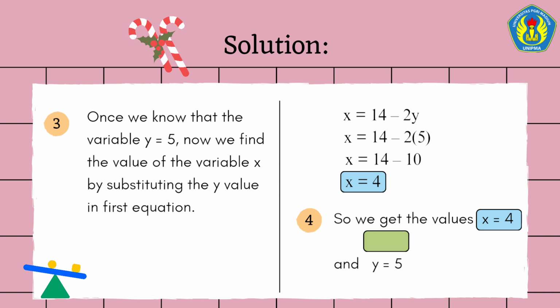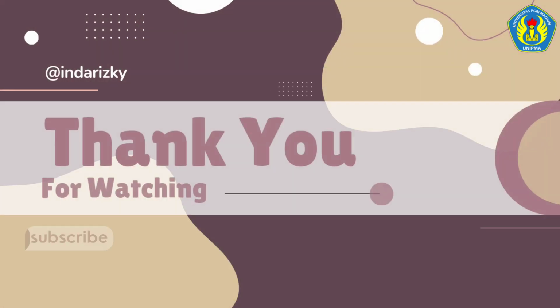Once we know that the variable y equals 5, now we find the value of the variable x by substituting the y value in equation 1. Then it is found that the variable x is 4. So we get the values x equals 4 and y equals 5.